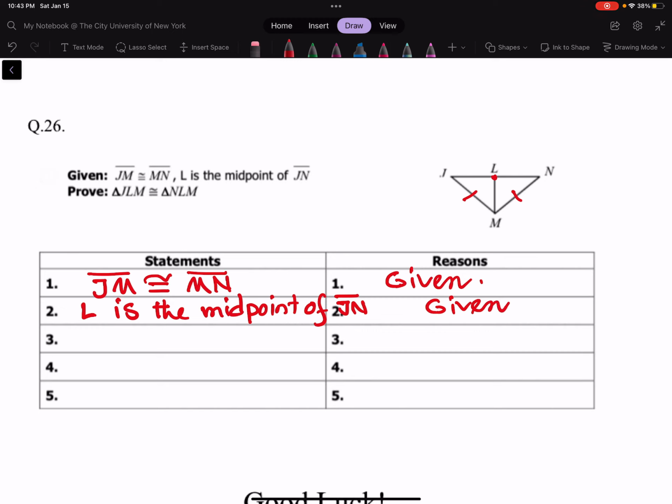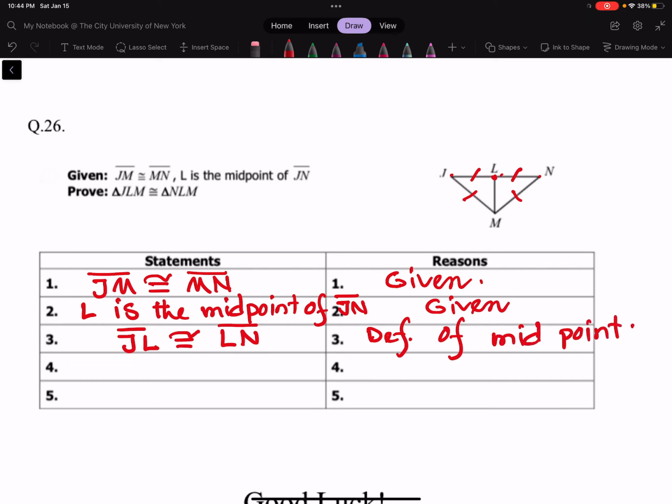All right. So now, if it is the midpoint, that means it divides JN into two congruent parts. So we can say JL is congruent to LN. So you can write, deduce that segment JL is congruent to LN. Okay, so why can you say this? By definition of midpoint.